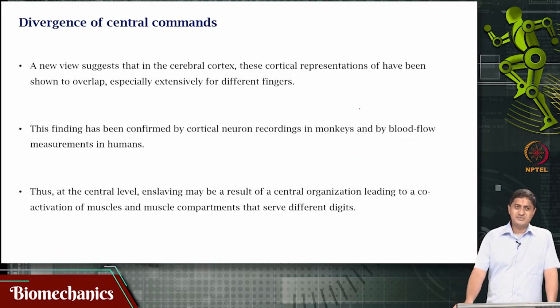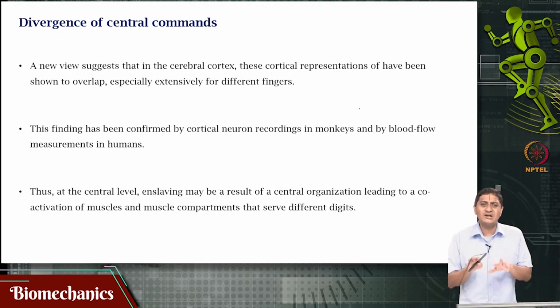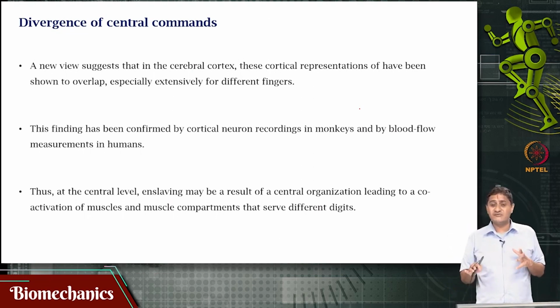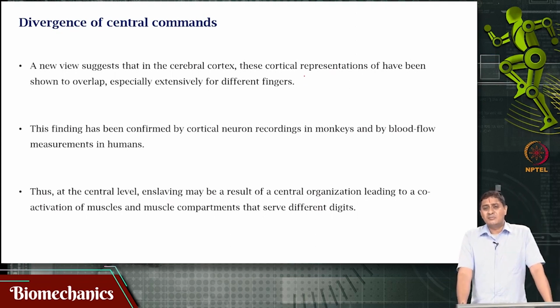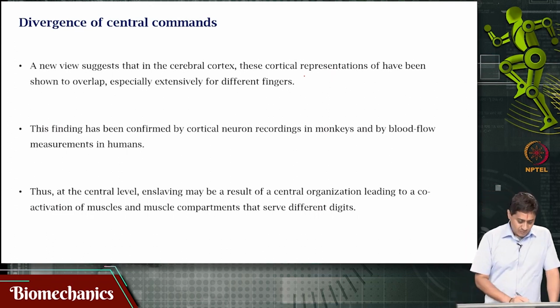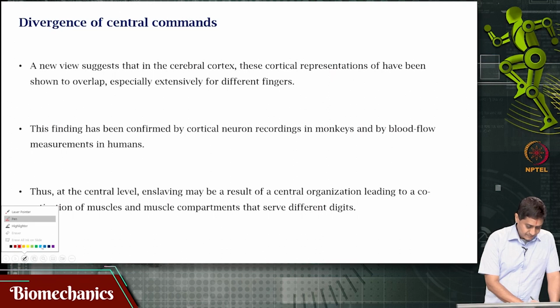More recently, what has been suggested is that in the cerebral cortex, in the motor cortex, these representations do not have stringent or strict boundaries. In particular, between fingers, there is quite a bit of overlap between neurons that command different fingers. If I represent neurons that send commands to different fingers in different colors and map this in the brain, it is not like what you would expect from this homunculus model.